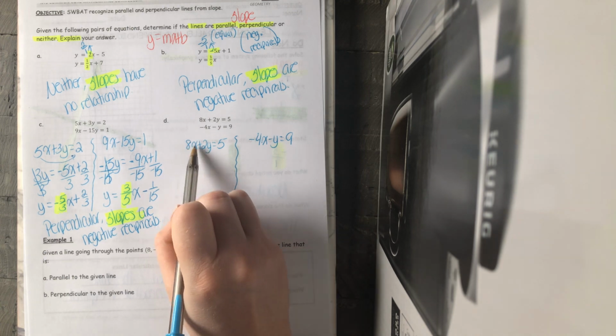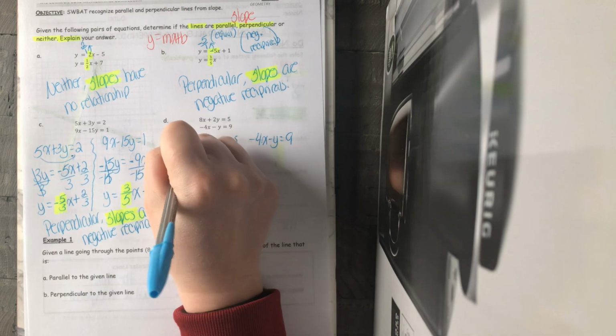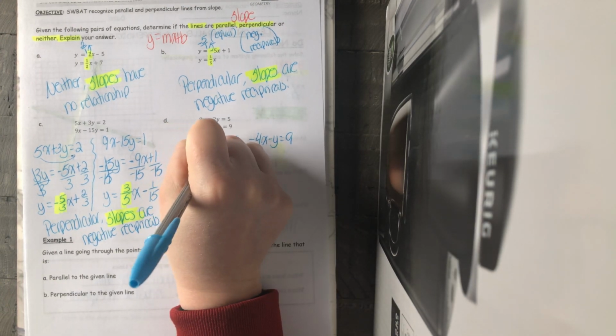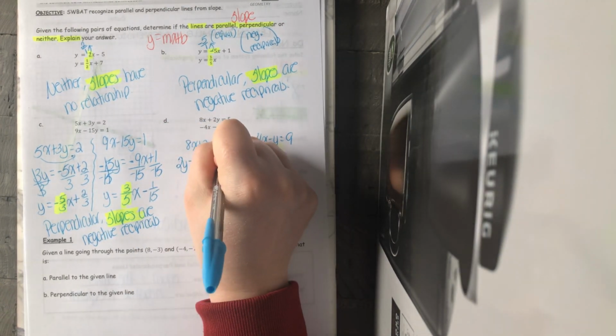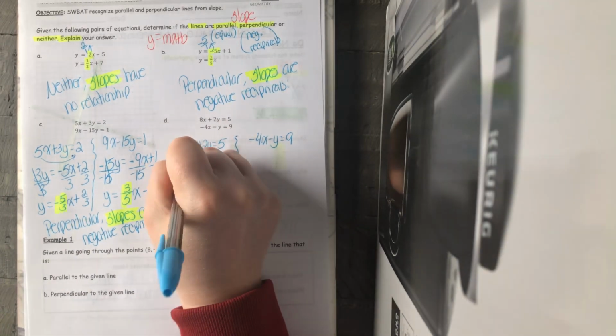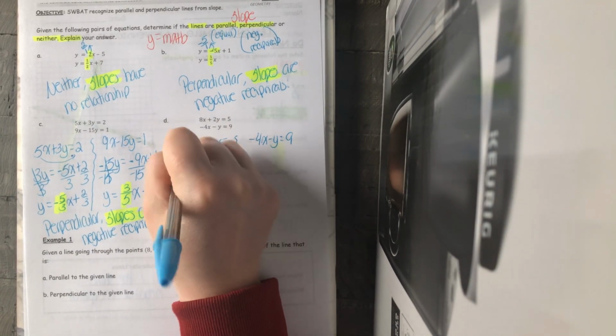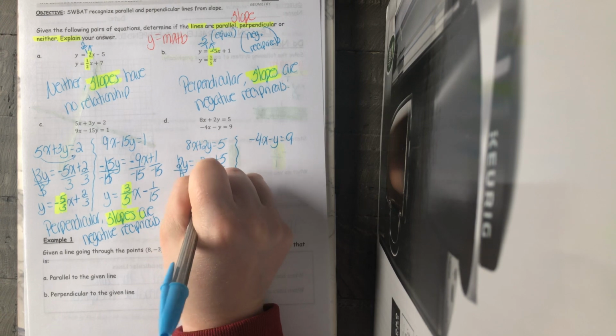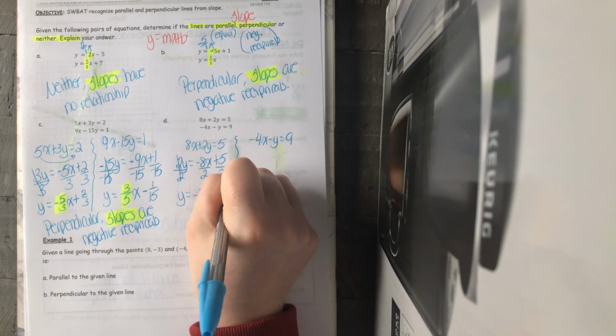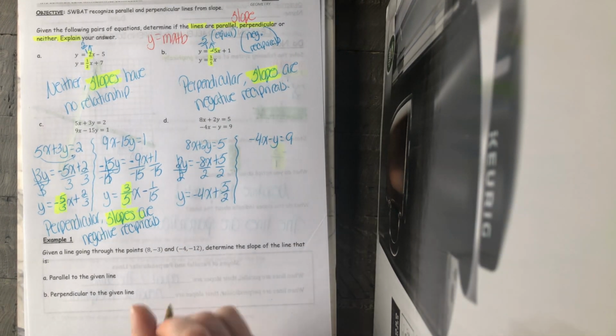I have to get rid of the 8x. So a positive 8x becomes a negative 8x when I move it over. And then the plus 5 just comes down. Divide everything by 2. So we get y equals negative 4x plus 5 over 2. And then the next one, same thing.